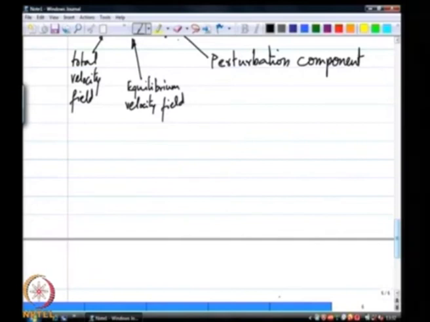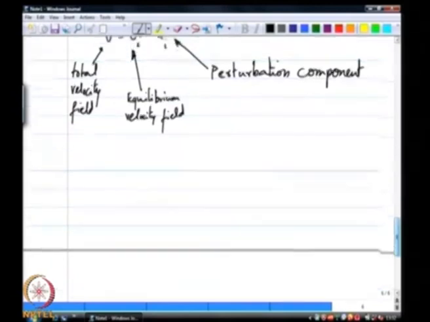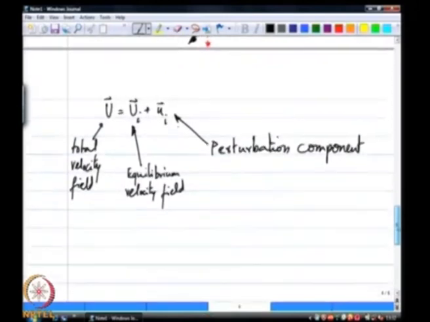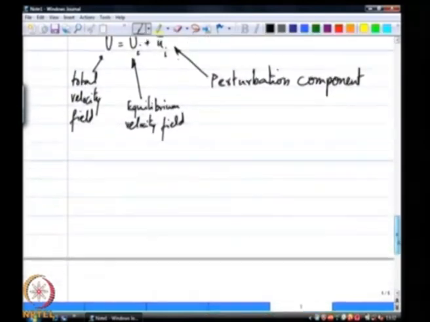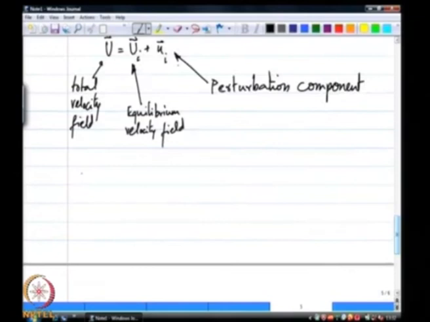If I go through the same process that I went through before and linearize these equations, I will keep these in the vector notation just to make things a little easy for us. From the continuity equation, what we find is that del dot u I is equal to 0.